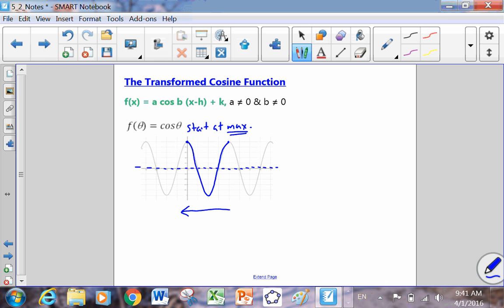One period after, where are we? At the max also. The period is again 2 pi over b. And it's the absolute value of b because it doesn't matter if we have reflection or not. Where is the amplitude?